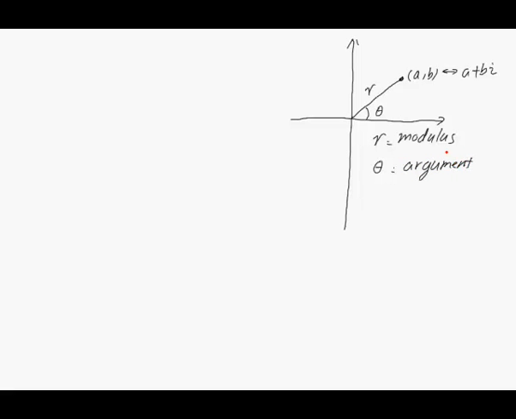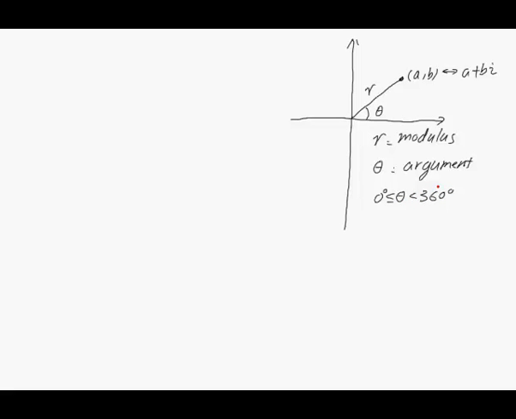As in the case of trigonometry and vectors, this argument is similar to the direction angle, right? So theta is greater than or equal to 0 and less than 360 degrees.